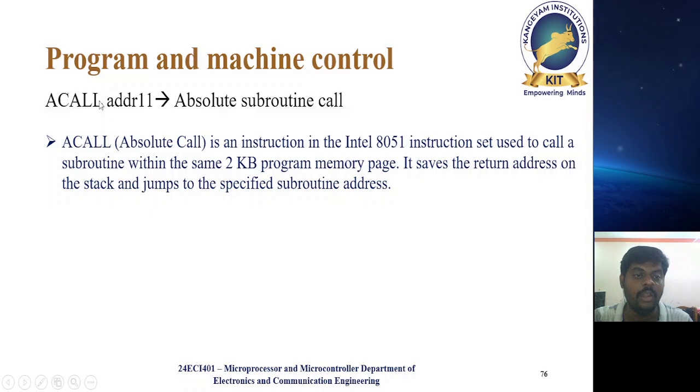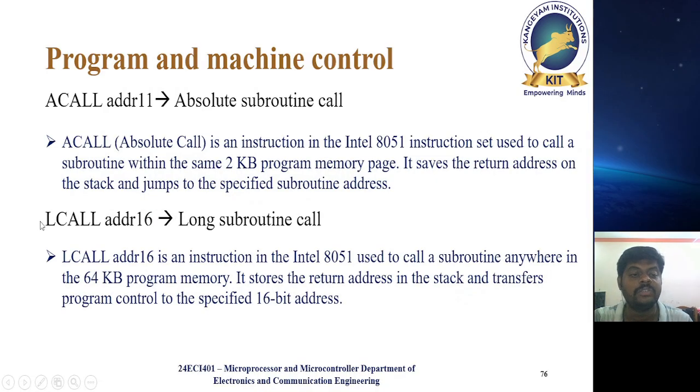After ACALL, you have to give a memory address, and this memory address should be an 11-bit memory address. So maximum it can call within the range of 2 kilobytes. This is one kind of call instruction. Another kind of call instruction is LCALL, a long subroutine call.